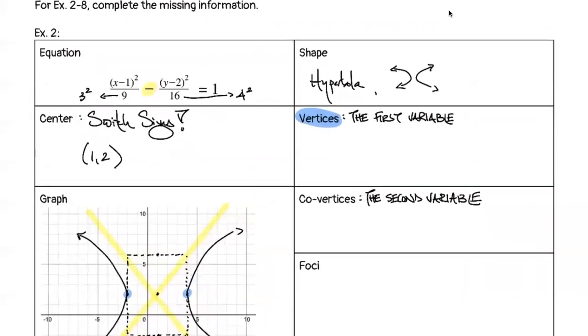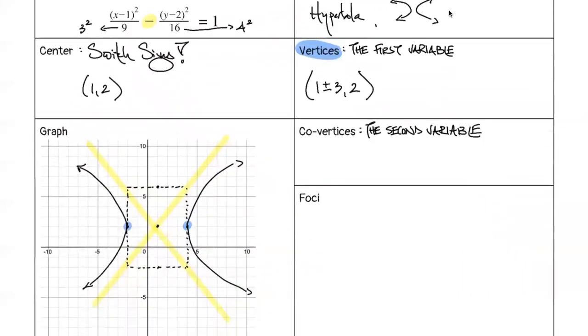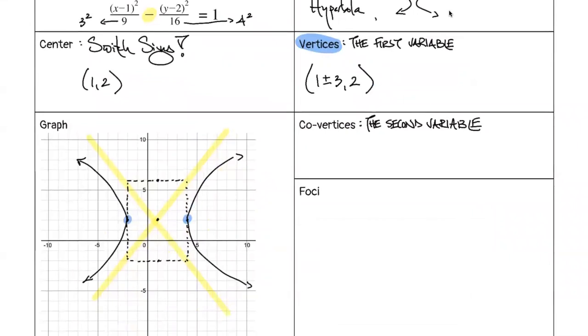And so we can think about our vertices as 1 plus or minus 3, comma 2. And the co-vertices then would be these points up here. And so that would be 1 and then 2 plus or minus 4.